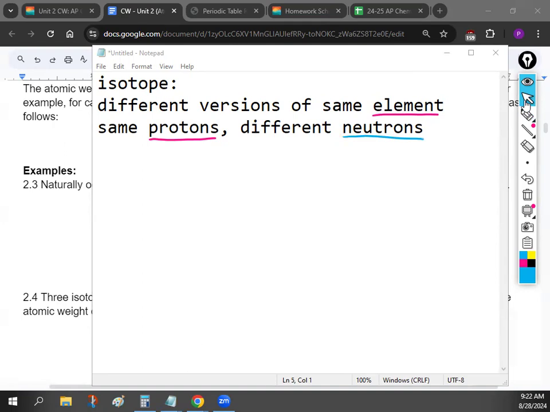My favorite example is uranium. Uranium-235 is found in a lot of rocks. So if you go outside and pick up a rock, there might be some uranium-235. But uranium-238 is used for nuclear fuel because it's radioactive, and if you touch it, you'll die. So the only difference is 3 neutrons, right? 235 versus 238.